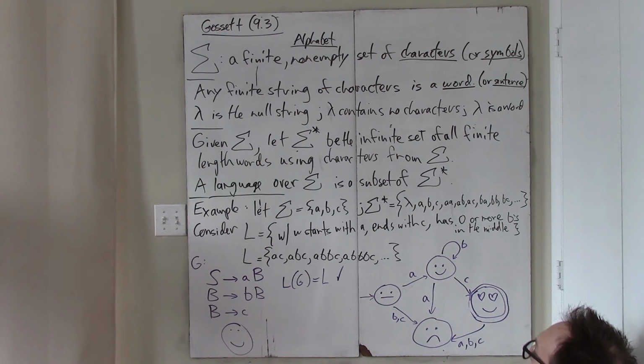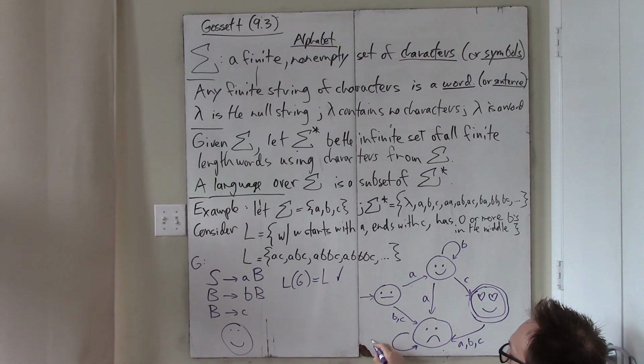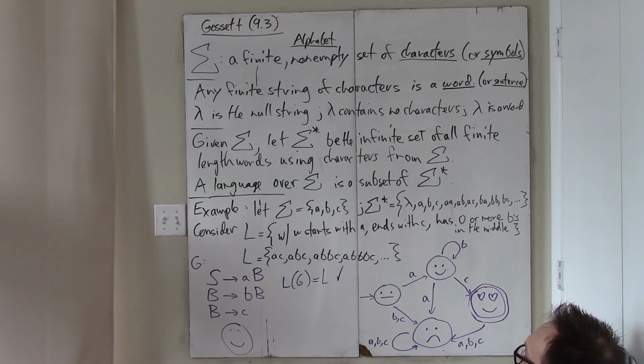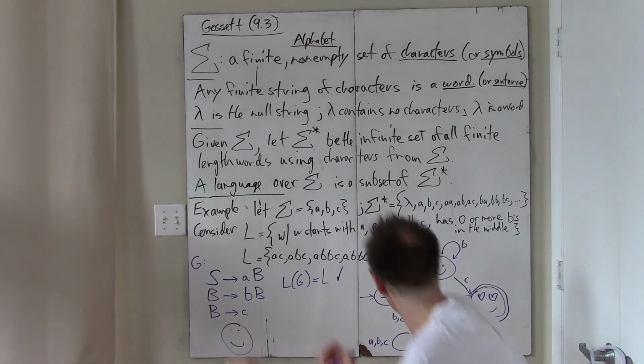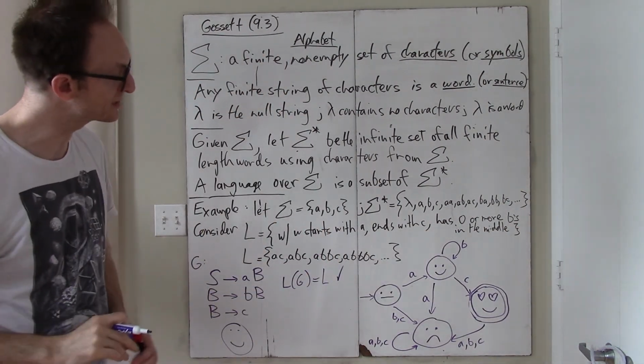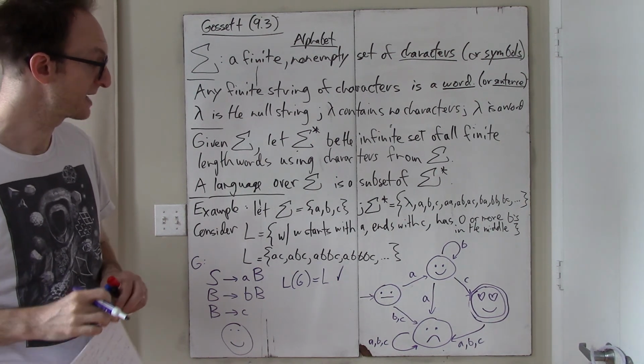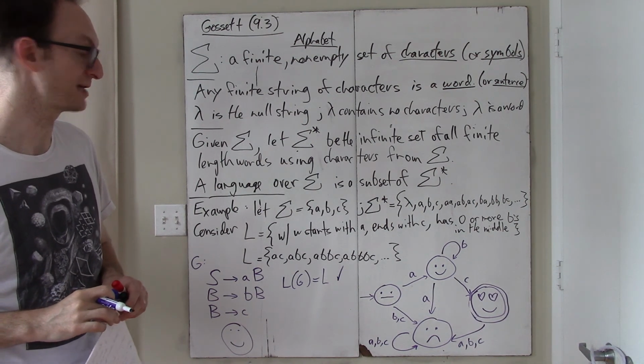And once I'm in the sad place, you just never leave again. So I also need to give directions for what to do in the sad place. In the sad place, regardless of what I read subsequently, I need to just stay sad forever and in fact die there. So there should be precisely 3 arrows coming out of each one of these states, and I think I have done it correctly.